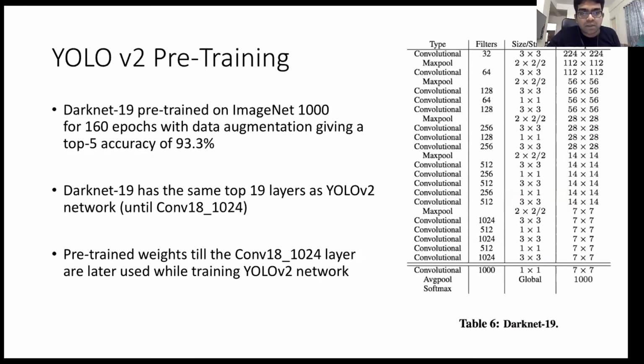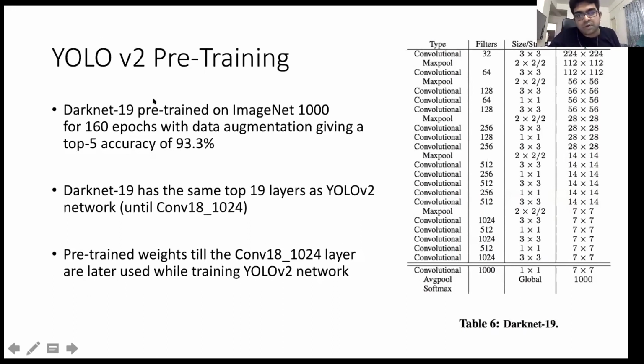So if you see, Darknet-19 has very high similarity with the YOLO v2 network, which I showed earlier. The top 19 layers are exactly the same as YOLO v2. Hence, after training Darknet-19 on ImageNet, we use the layers up to the top 19 layers. The same weights will be used in the YOLO v2 network as well.